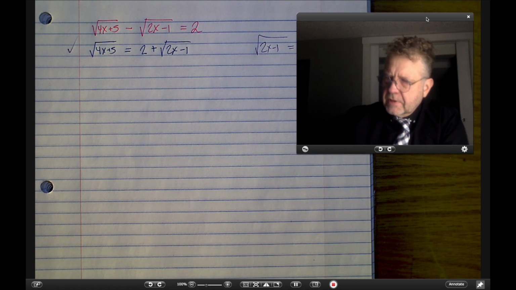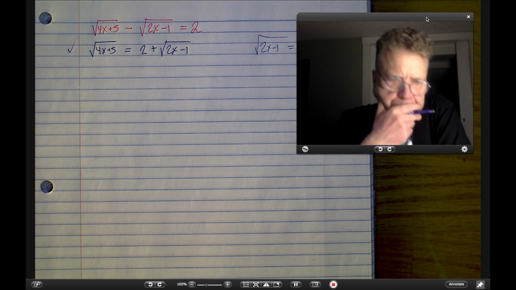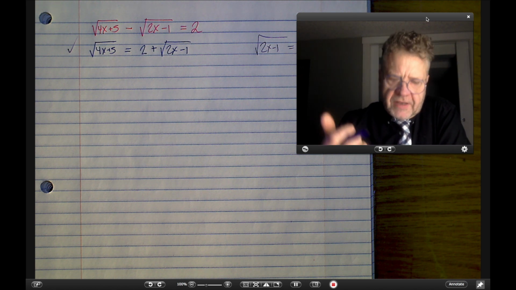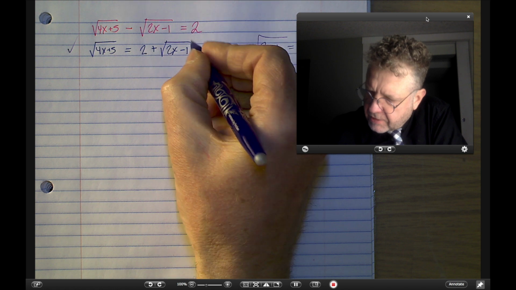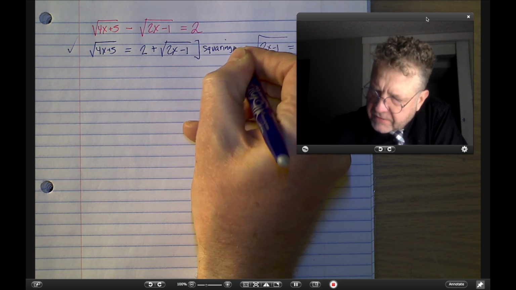All right. So here we are. We've isolated square root of 4x plus 5. Well, the key here is always to get rid of the radical signs, and we get rid of the radical signs by squaring both sides.